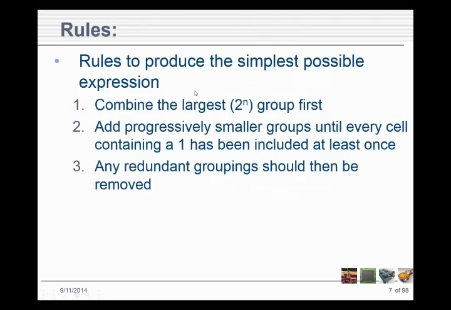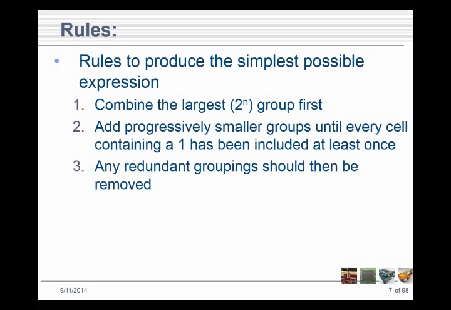Now here are the rules to produce that simplest possible expression. In other words, how do we put the ones and zeros from either an expression or a truth table into the map, and once we've put them into the map, how do we pull out the simplest possible sum of products expression?